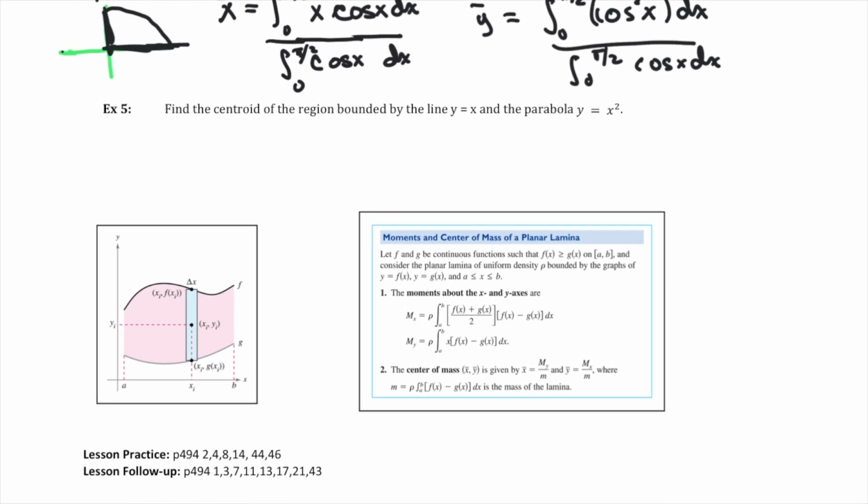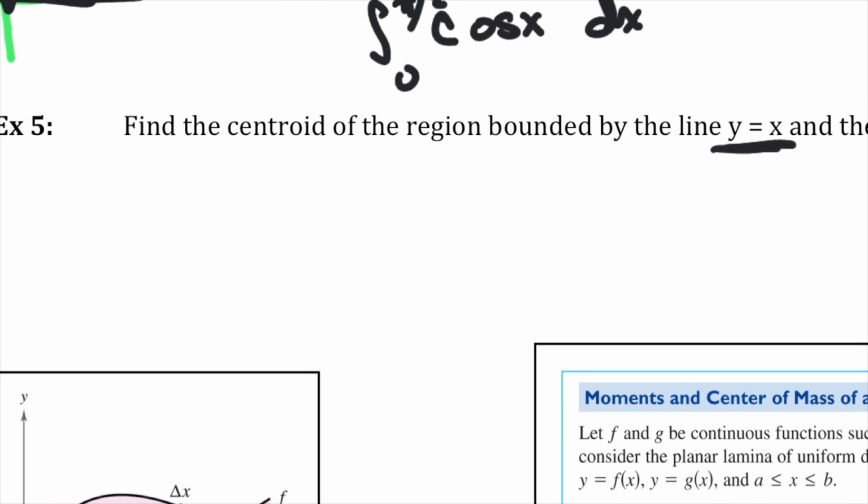Notice for example 5, we have a small difference in this one. We have the centroid being bounded by y equals x and y equals x squared. So when you draw those boundaries, we're no longer going to be on the x-axis. We're going to have some changes for our rectangle.